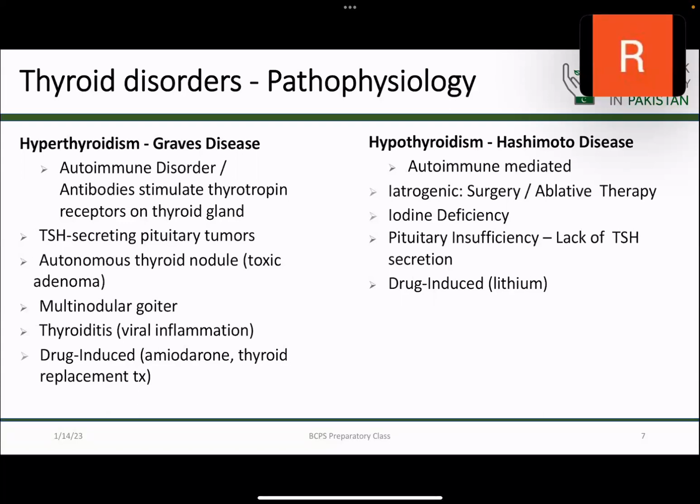Similarly, iodine deficiency can cause hypothyroid states. Pituitary insufficiency, where pituitary is unable to secrete thyroid stimulating hormone, could also result in hypothyroidism. And drugs like lithium can also induce hypothyroidism. So we will not discuss every type of hypothyroidism. We will only discuss the most common one, which is Hashimoto disease.